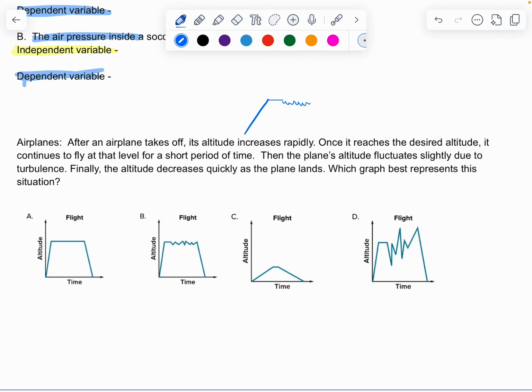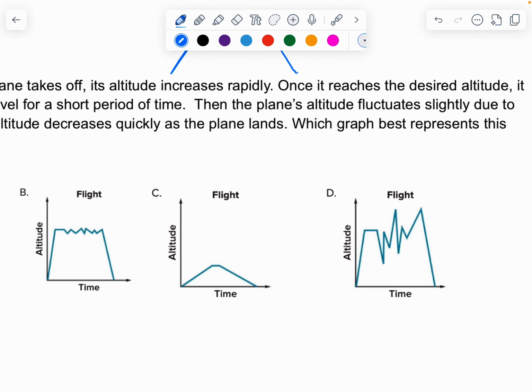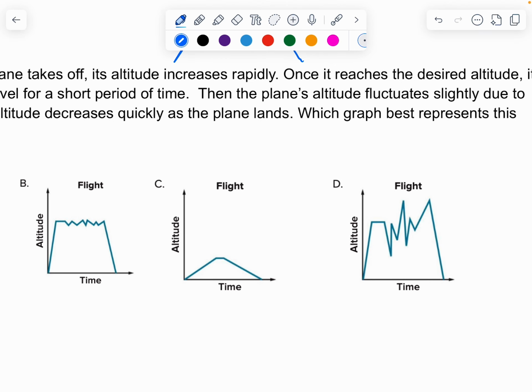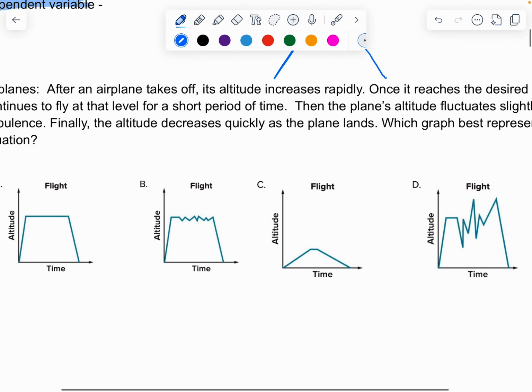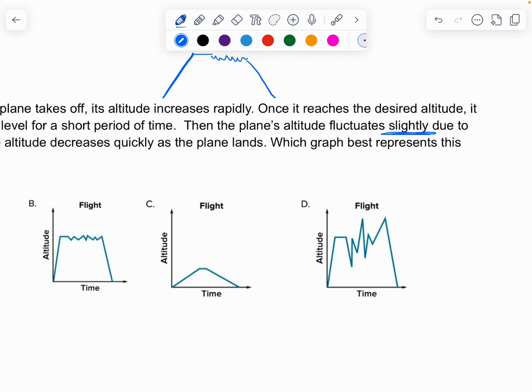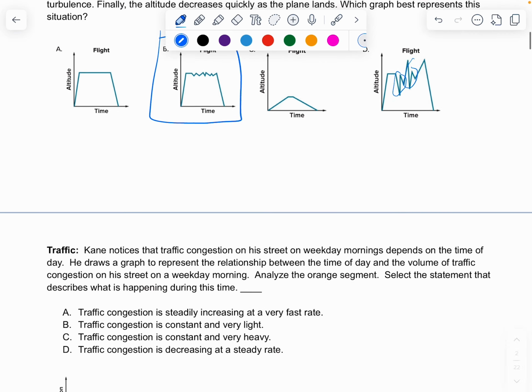So something's happening, and then it decreases quickly as the plane lands. So which one kind of looks like that? Now, B and D have fluctuations, but it says slightly. Oh, fluctuates slightly. This is dramatic. These are dramatic. So right here, B would be our answer.